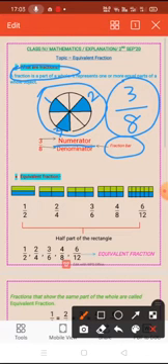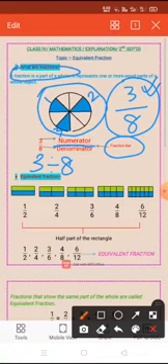This fractional form is nothing but a divisional form of numbers. This fraction we can represent in terms of division also, in this way: 3 is divided by 8. That's why we read fractions like this: 2 by 5, 7 by 11. In this way we call them.